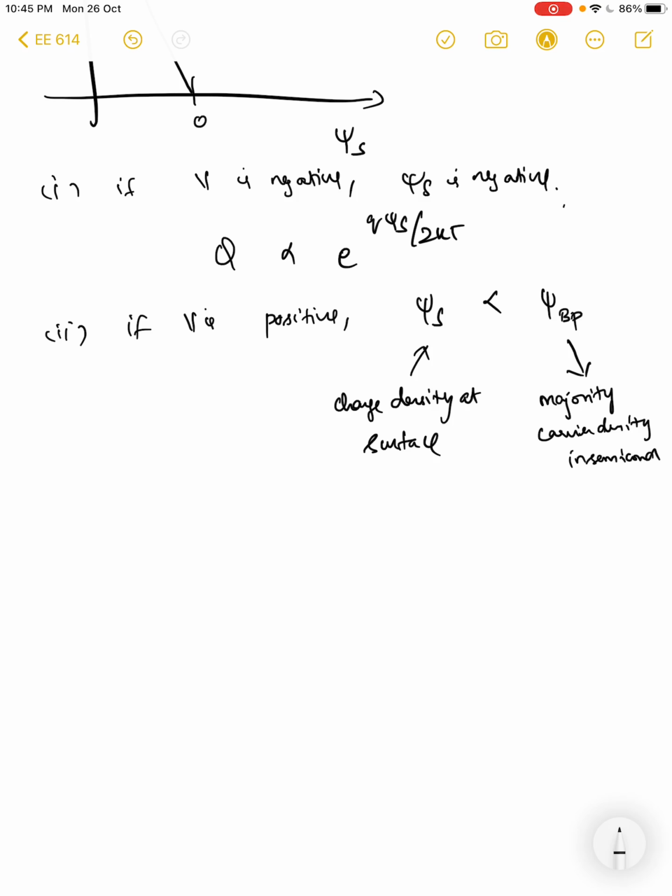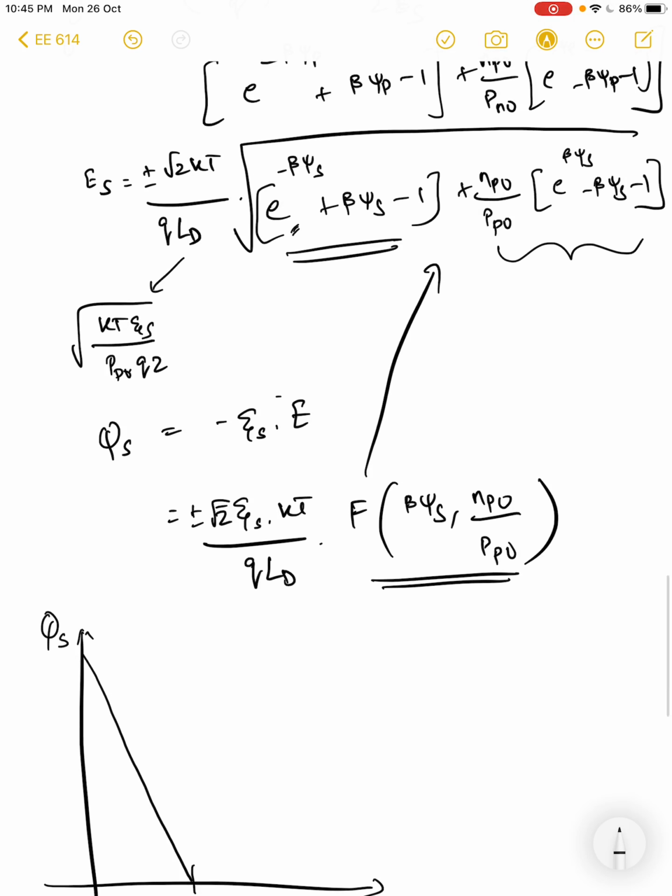It's understandable, right? So when this condition is true, you can go back to this expression and you can see that psi s is positive, right? And this term is once again small because n_p0 is still smaller than p_p0, and you can see that the only term which now dominates is beta psi s, which is the second term here.